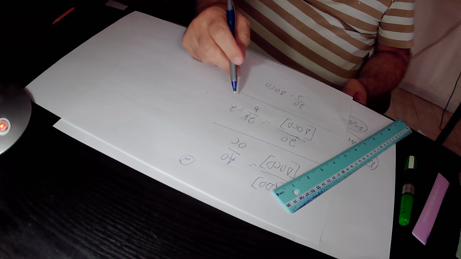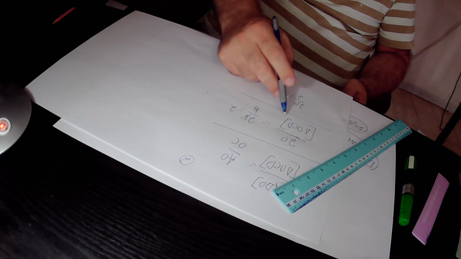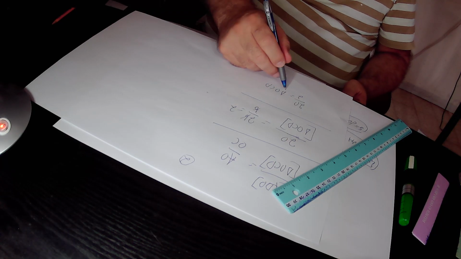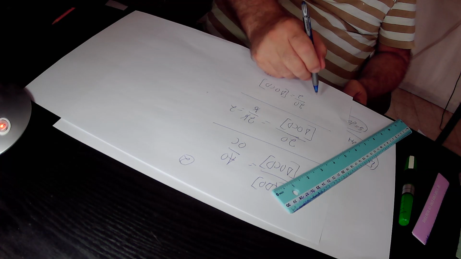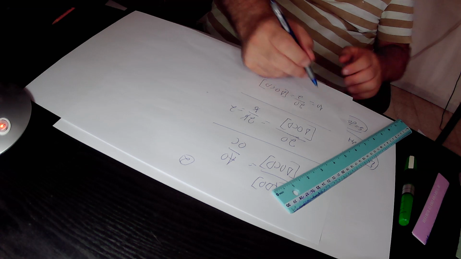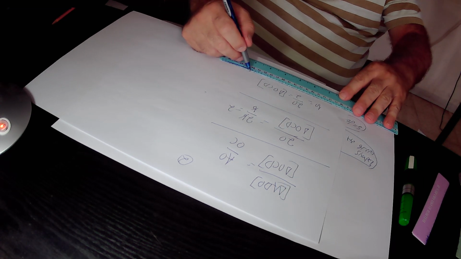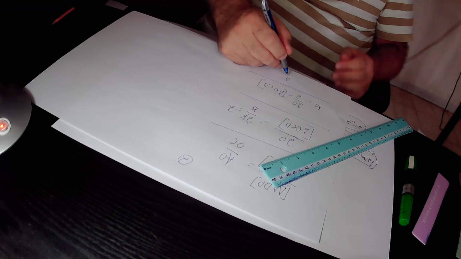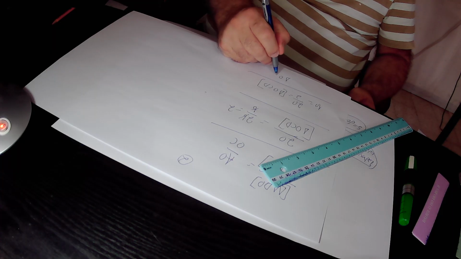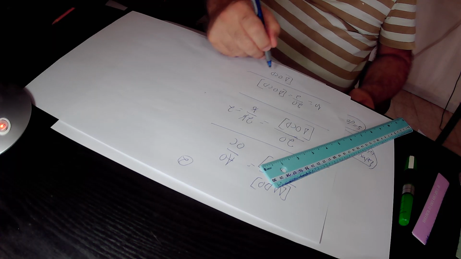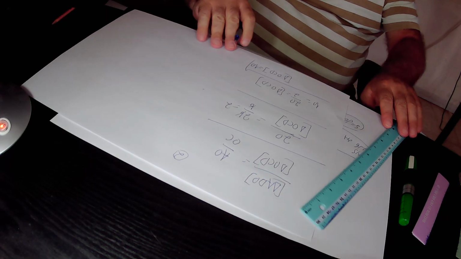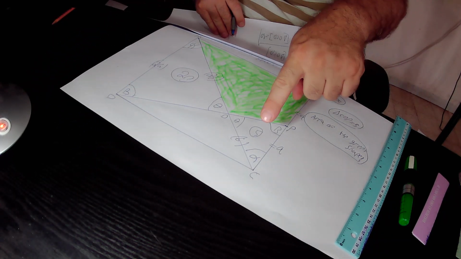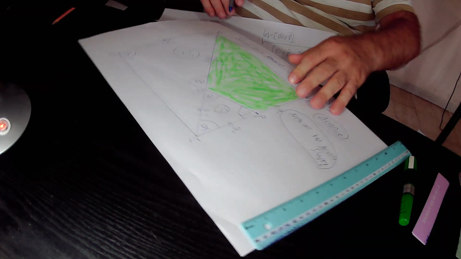In total we found out that the area of triangle OCD equals 20 over 2, that is 10. And again we found out that the area of triangle OCD is equal to 10 square units.